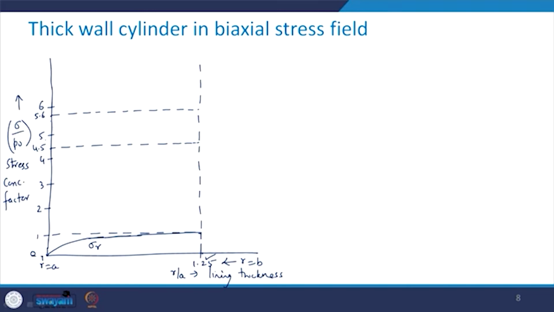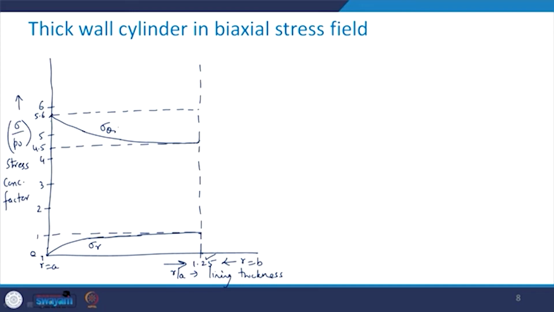So at r equal to a, it is 5.6, and then it goes to 4.5 when r equal to b, that is b by a, which I have considered as 1.25. So its variation will look like this. So this is the variation for sigma theta.